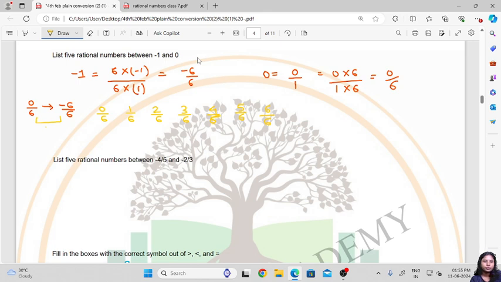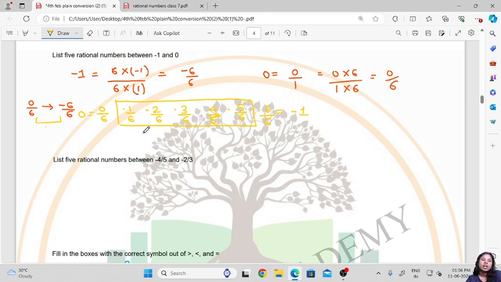Okay, so here all negative. So we have got all our 5 numbers that come between 0 and minus 1. So this is actually equal to 0 and this is actually equal to minus 1.